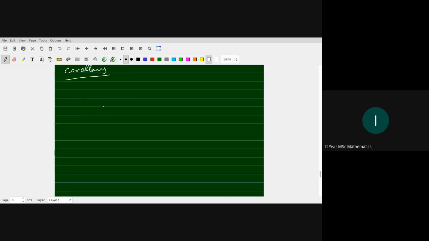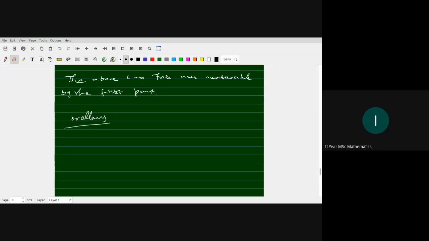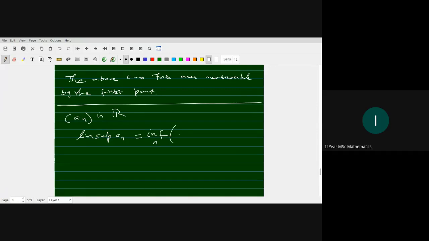We recall the limit supremum and limit infimum concepts for a sequence of real numbers, related to the convergence of the sequence. Suppose a_n is a sequence in R. The limit supremum of a_n is the infimum over n of the supremum over k greater than or equal to n of a_k. The limit infimum of a_n is the supremum over n of the infimum over k greater than or equal to n of a_k.